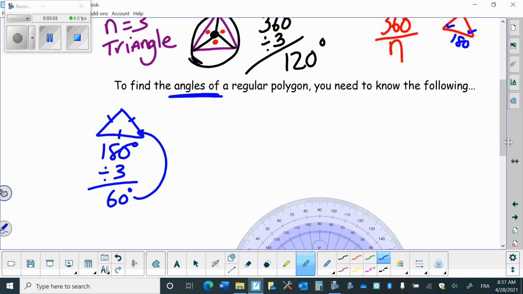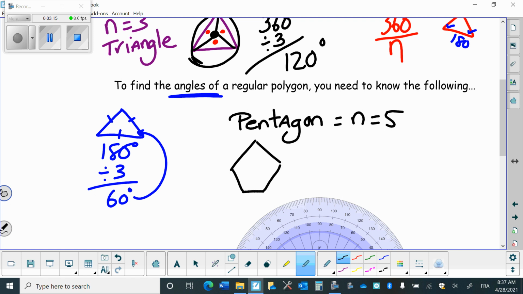Same thing if I'm talking about a pentagon. I know that n is equal to 5. Maybe you can even sketch it, and I'm emphasizing that it's a perfect one. I know that in there I have perfectly 5 equal isosceles triangles, but I do have to be careful.